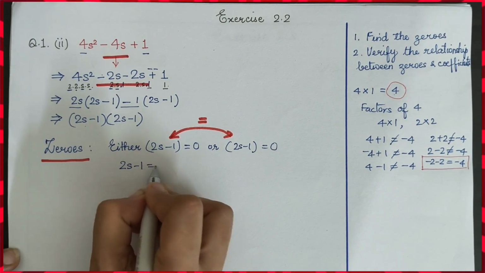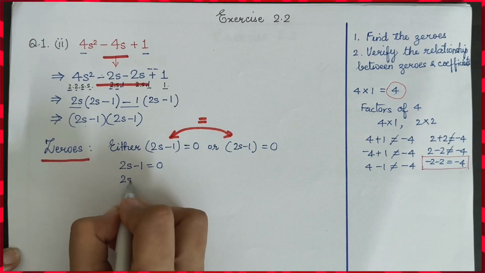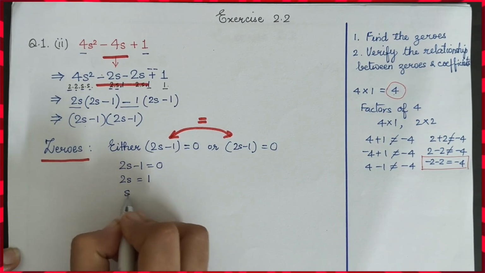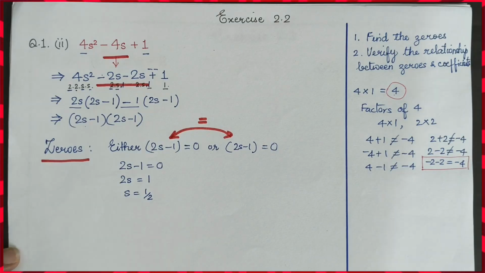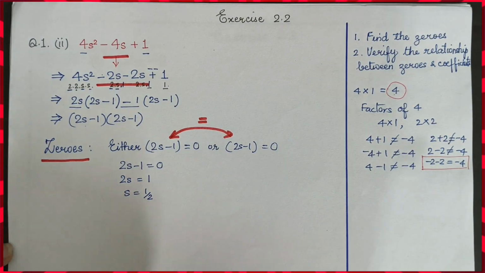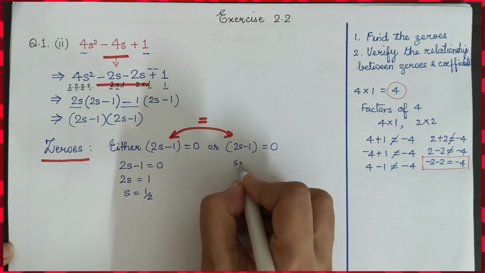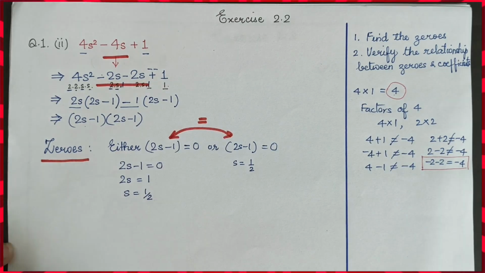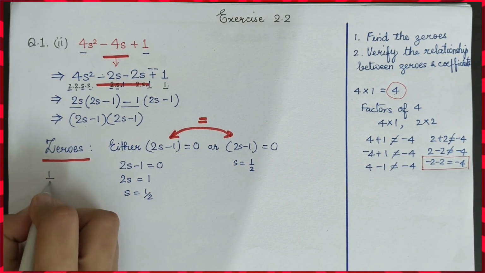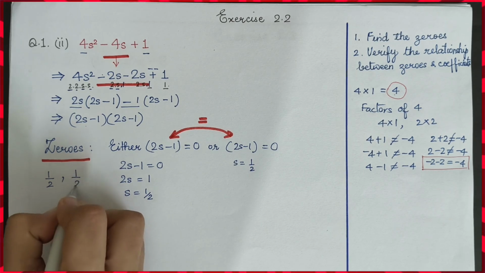So when we solve 2s minus 1 equal to 0, 2s is equal to 1, s is equal to 1 by 2. Similarly, for the other factor, we get s is equal to 1 by 2. So both the zeros are equal and both the zeros are 1 by 2.